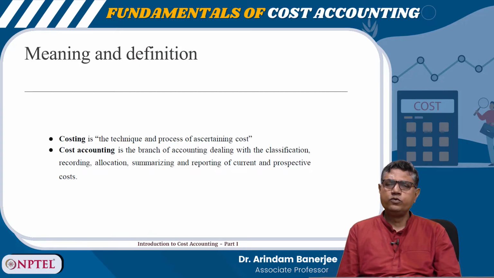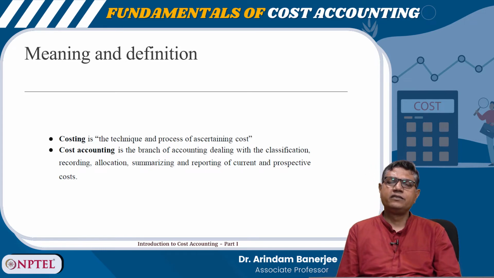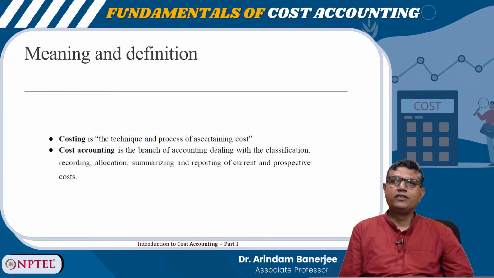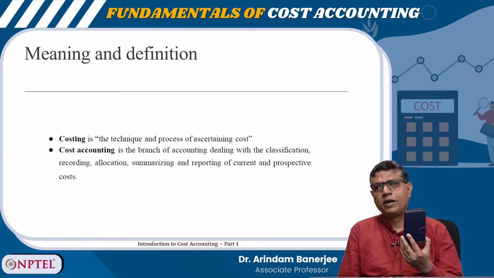So, it is used by the management usually for two purposes. The first purpose is to take managerial decisions, right. What kind of managerial decision? For example, what should be the price of a product. The company which manufactured this mobile has to take a decision about the pricing point.